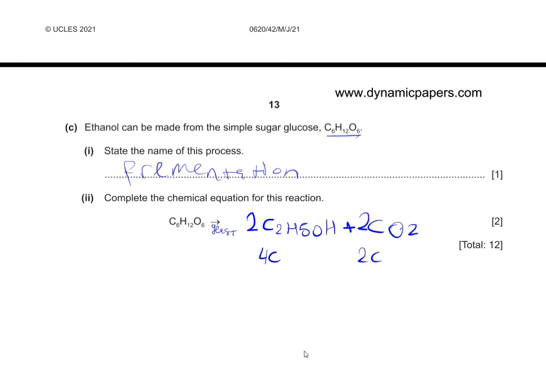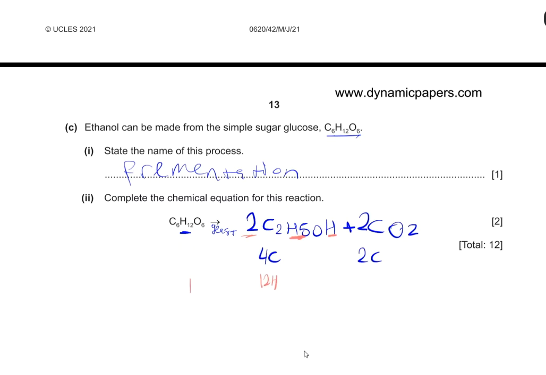And then if we look at the hydrogens, here we have 12. Looking at the hydrogens here, we're gonna have 5 plus 6 multiplied by 2, this 2. So we have 5 H's plus 1 H, all multiplied by 2 is 12. So we have 12 H's here, 12 H's here.